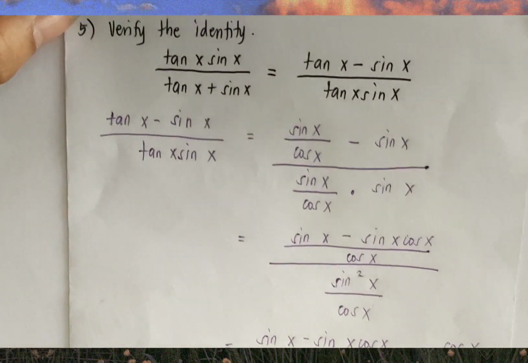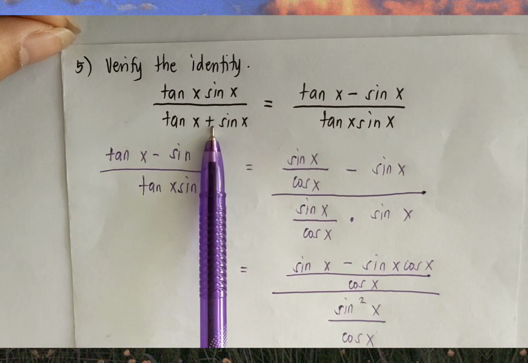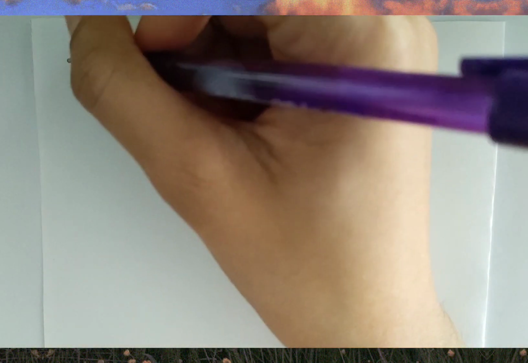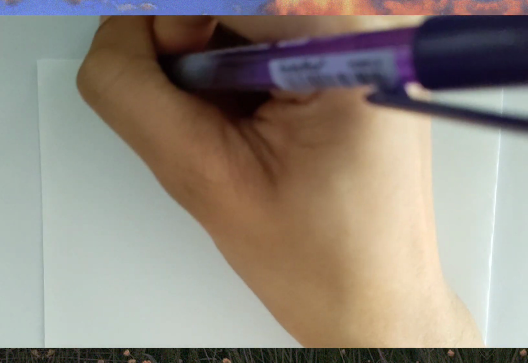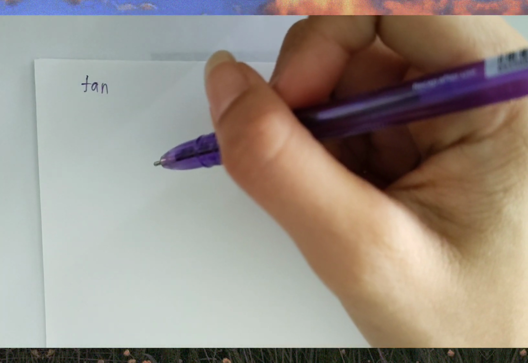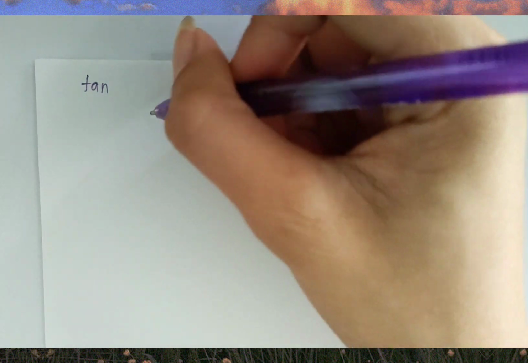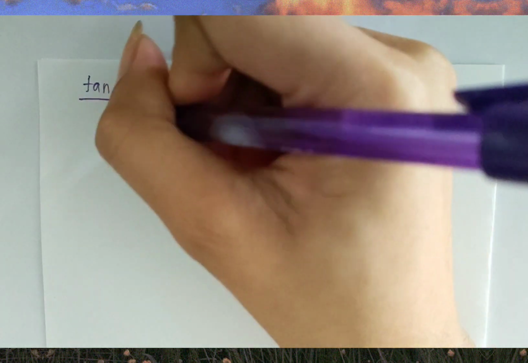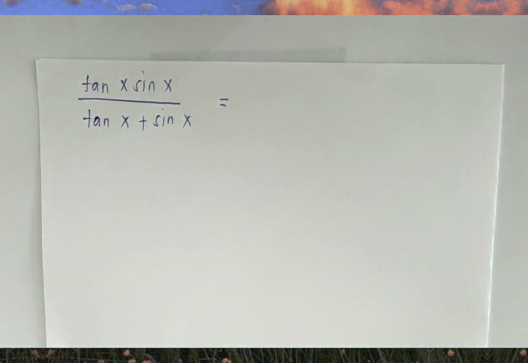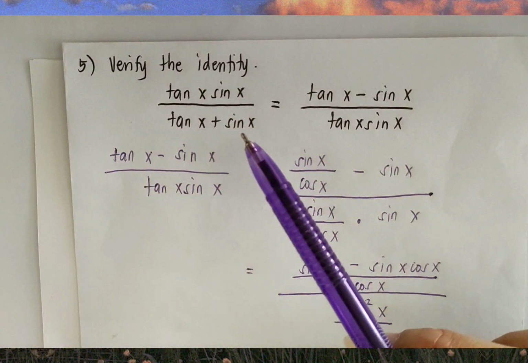Let us now compute the left-hand side. From the left hand, we have tangent x sine x all over tangent x plus sine x.